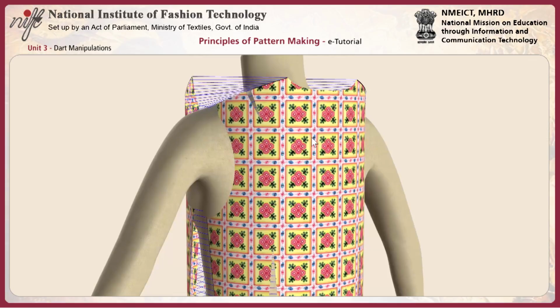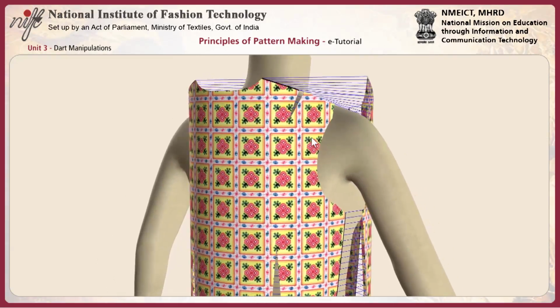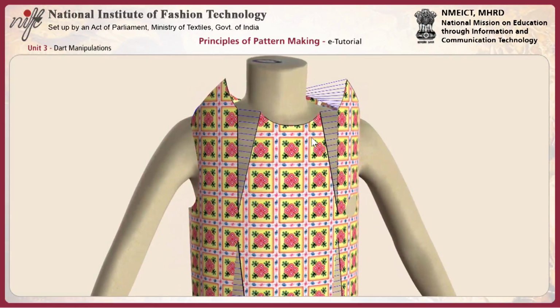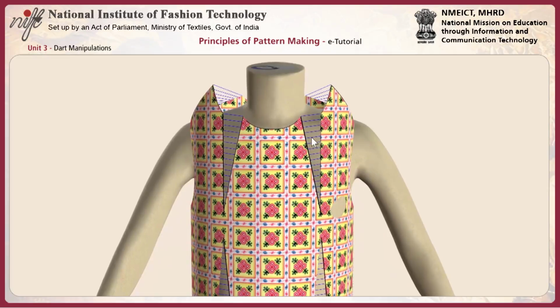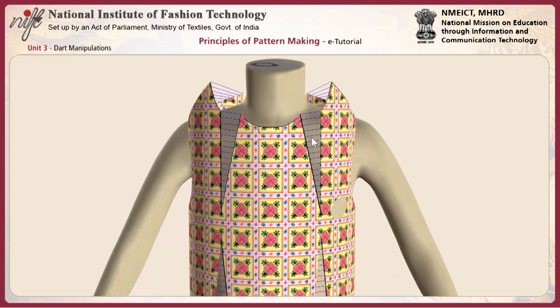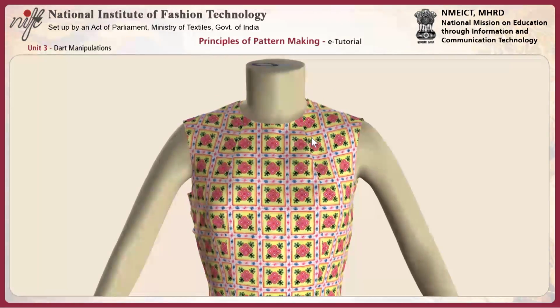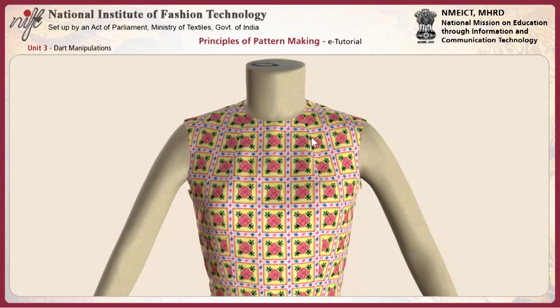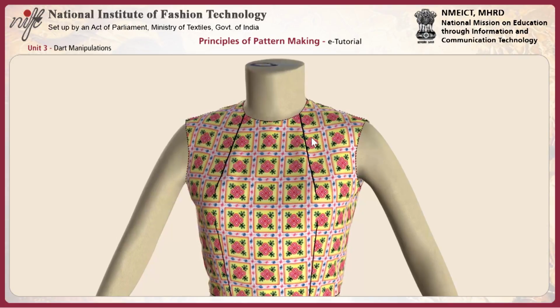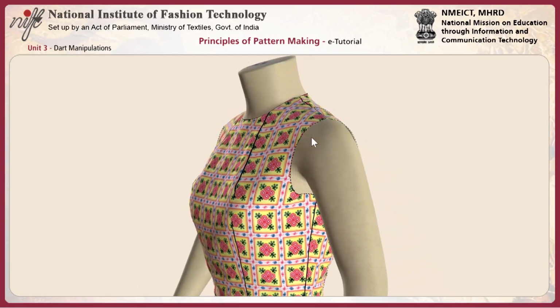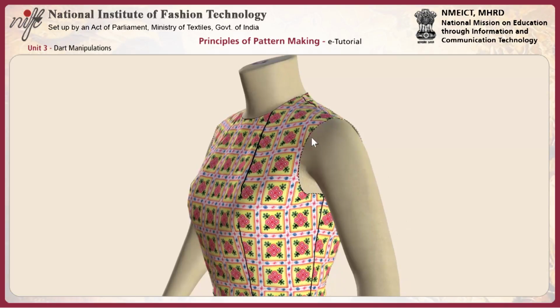The excess fabric is removed by closing the dart and fitting is brought about. When all darts, side seam and shoulder seam are closed, the visual fit of the garment can be observed. There is a required amount of ease to be given while constructing any design. If you look carefully at this video, you can see that there is an amount of ease given at the waist, bust area and armhole area.